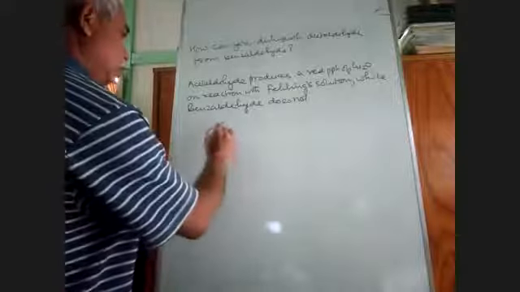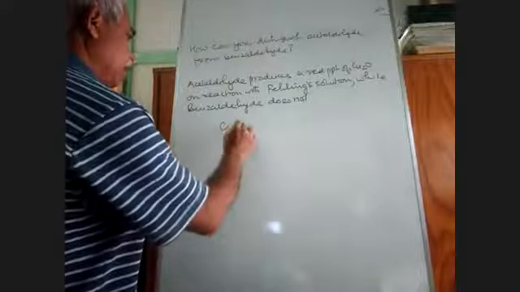It oxidizes aldehydes to the corresponding carboxylic acid and forms a red precipitate of cuprous oxide.